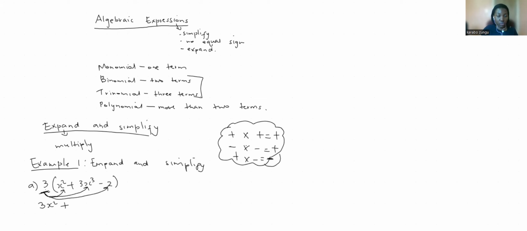Okay, so let's continue. Coming back to this one, that is why you have a positive 3 there. When you multiply the positive sign by the positive sign, you get a positive.